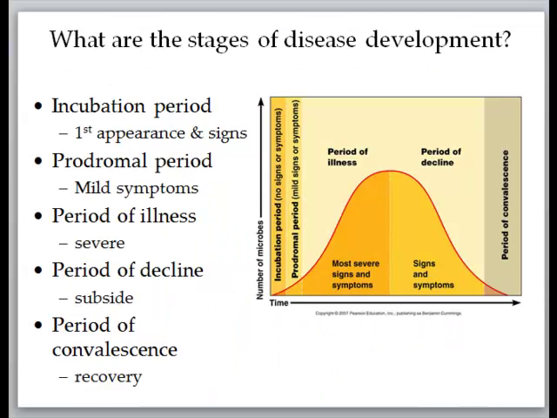Okay, what are the 3 stages of disease development? The graph up here speaks a lot, and you have the first stage, which is called the incubation period. The incubation period is the interval between the initial infection and the first appearance of any signs or symptoms. Many times the incubation period can be a short time, like a day or two. It could be 14 days.